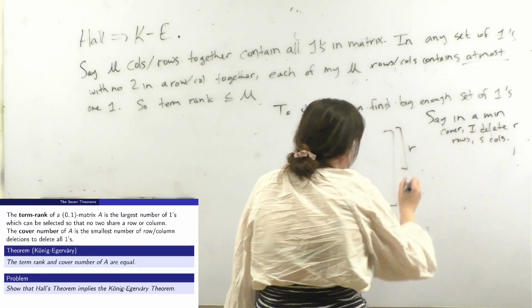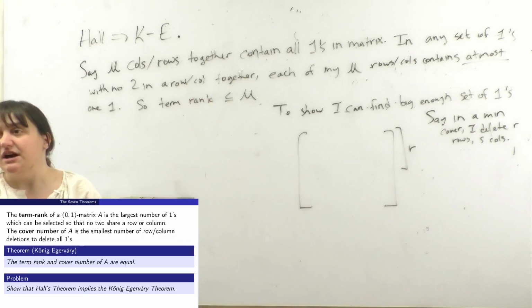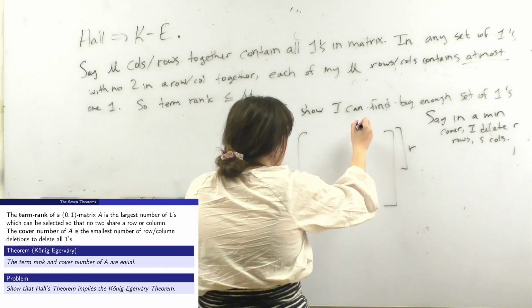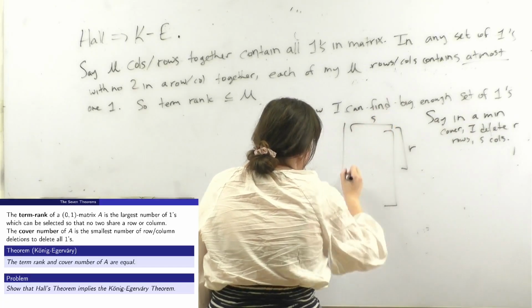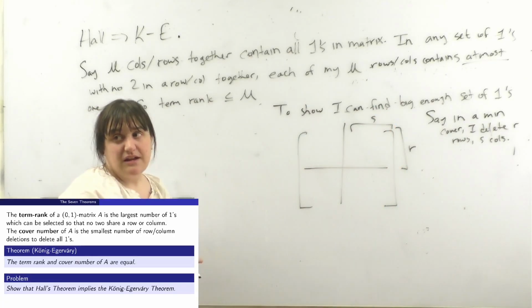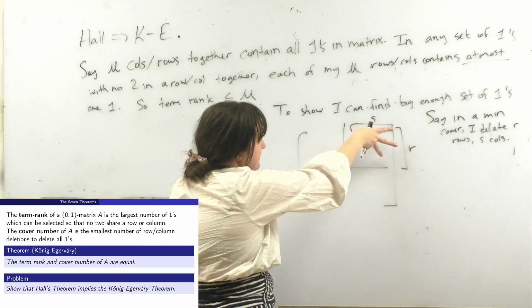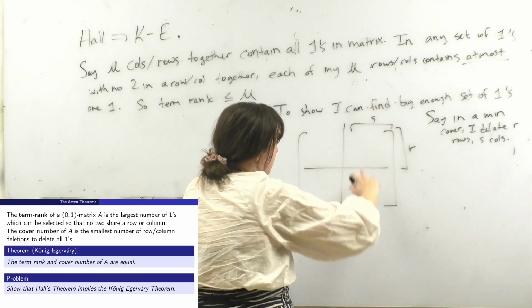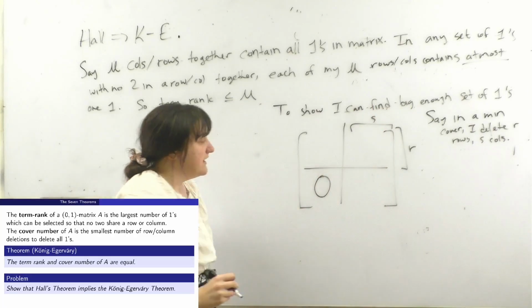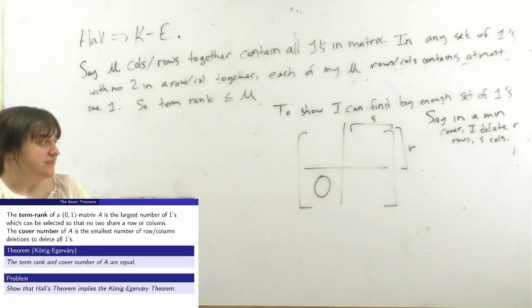I'm going to be able to assume that actually the rows that I need to delete, I've just shuffled up to the top, and the columns that I delete, I've just shuffled over here to the right. And so, okay, rows I delete, I could see ones anywhere along here. Columns I delete, I could see ones anywhere along here. I never delete anything that touches that square or rectangle in the bottom of this matrix. So there's only zeros that live here.